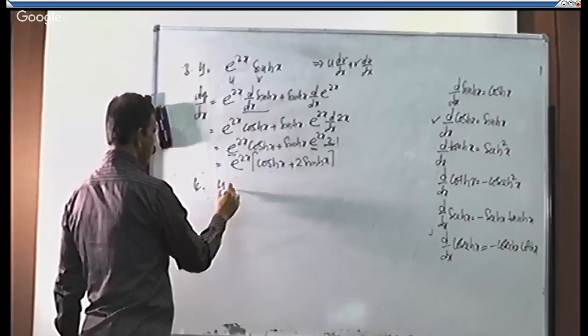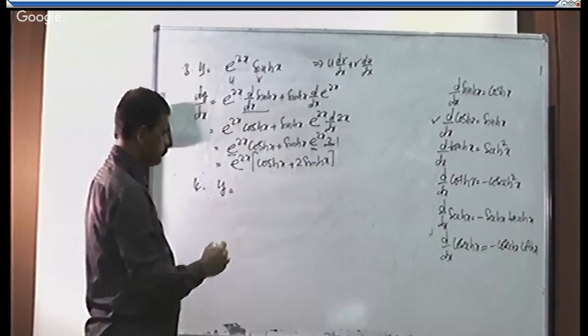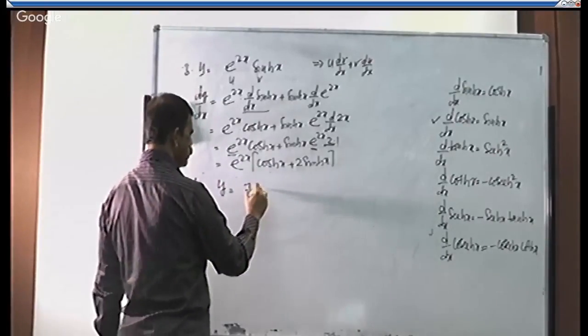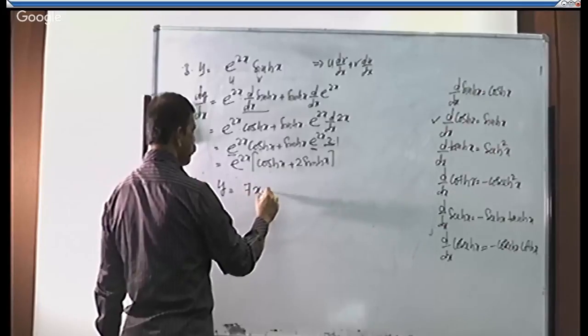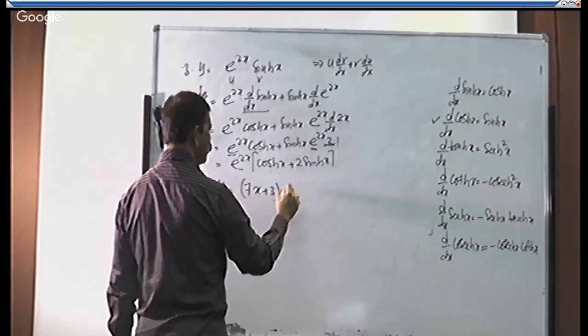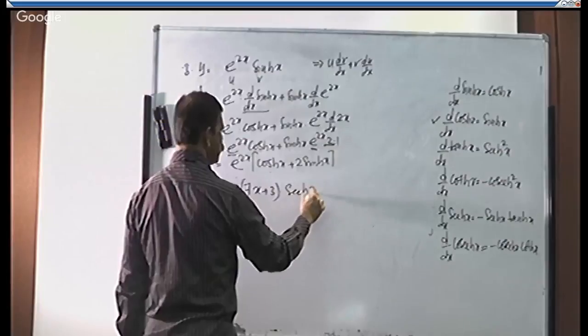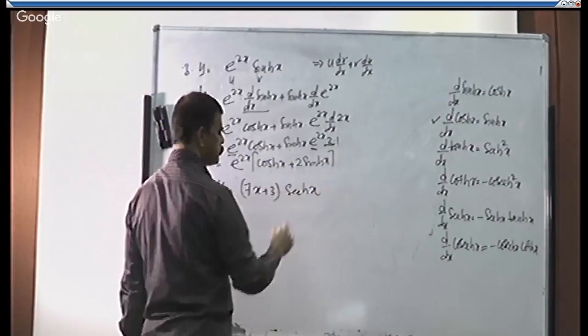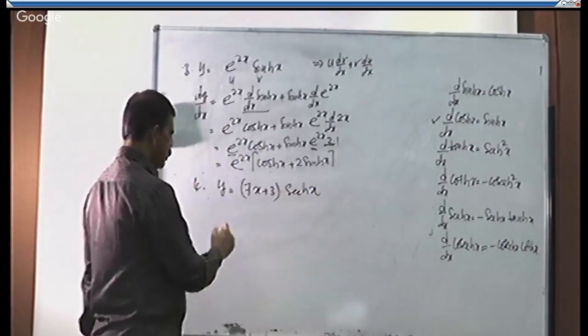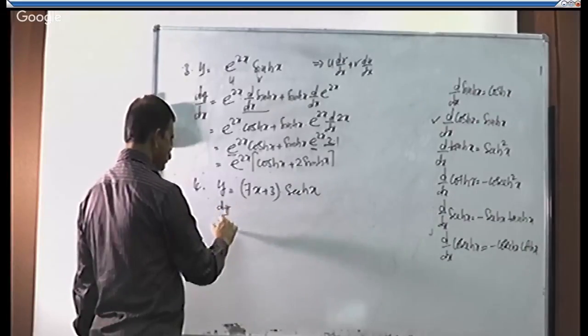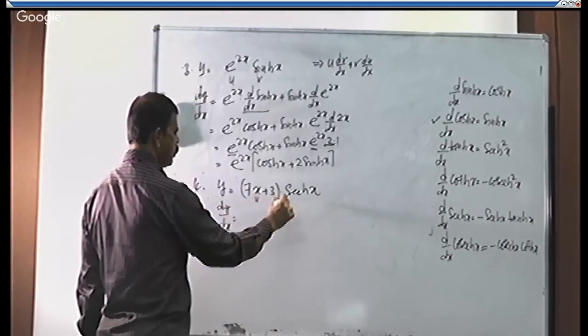This is product of two functions. Next one, y is equal to 7x plus 3 into secant hx. dy by dx is equal to what? Take this as u into v.